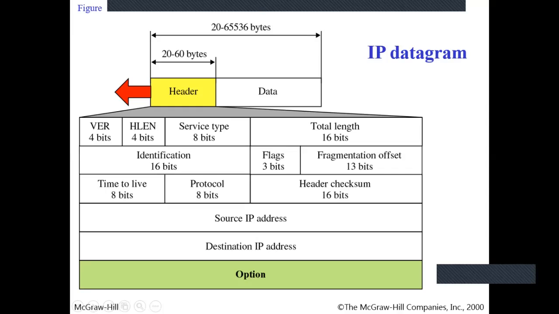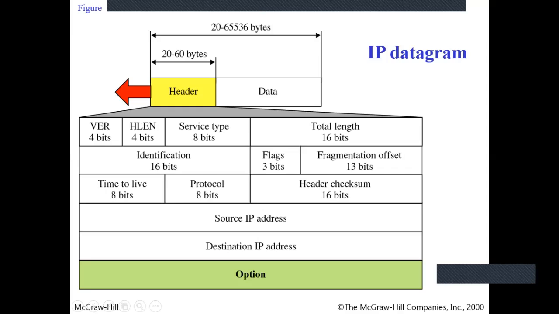Practically, it is not present in the form of a stack. It is a continuous series of bits starting from the version field to the option field. These are the fields of the header. After this option field, the data part will come. Clear? And that particular data is the data from the upper layer, which is the transport layer. Clear?